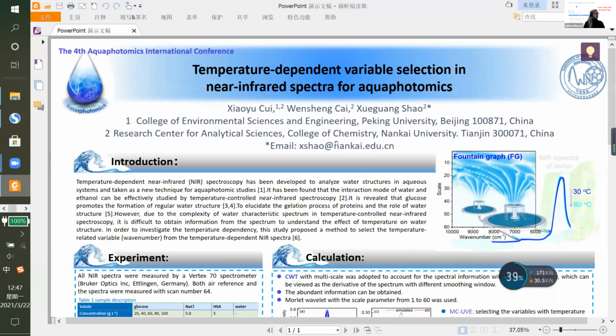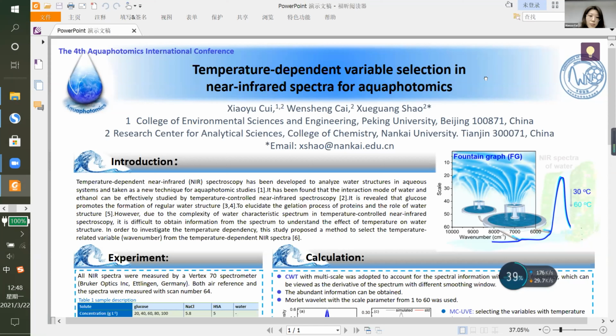Hello, everyone. I'm a postdoc at Peking University, and during my PhD study, I was a PhD student in Professor Xiao's lab. Today, I'll share the topic: temperature-dependent variable selection in near-infrared spectra for aquaphotomics.